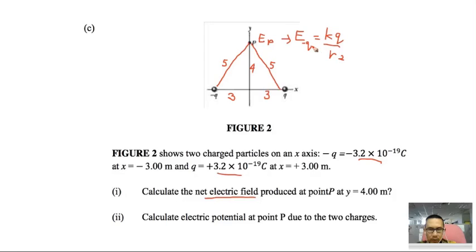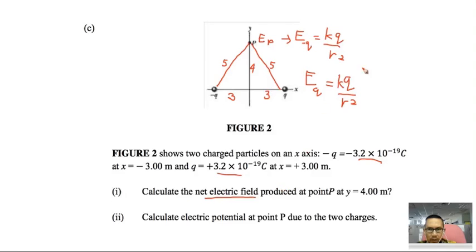This is for negative Q. And the second E comes from the positive Q. The equation is kQ over r square.